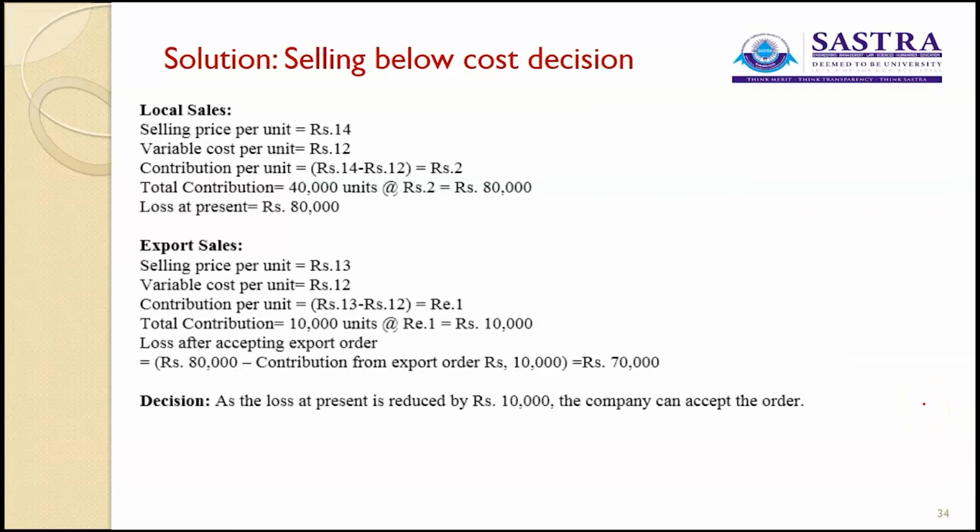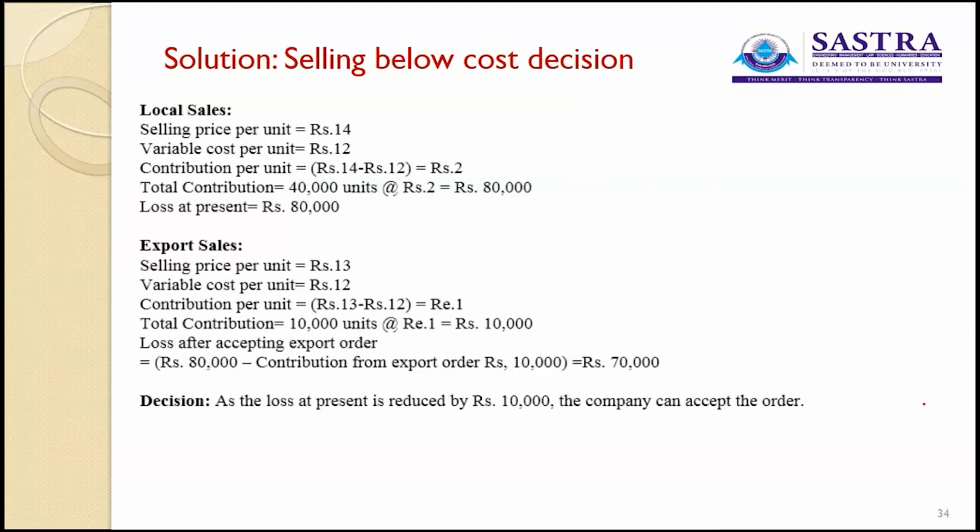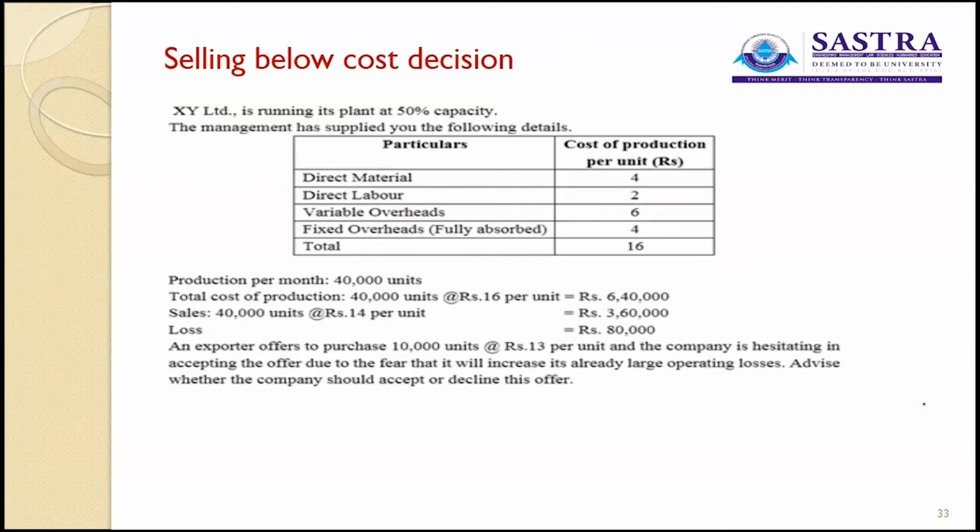Now for local sales we have 14 rupees. See here, it is given, sales at 14 rupees. Variable cost is 12 rupees, which is 4 plus 2 plus 6.